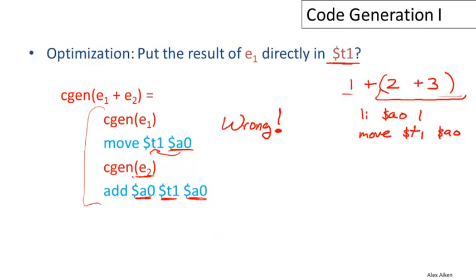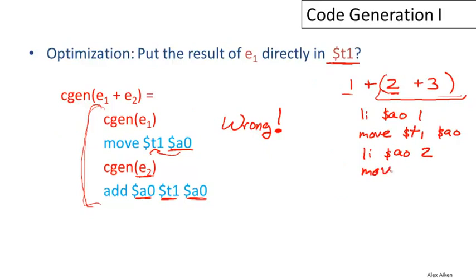And now we're going to generate code for E2. And what's E2? Well, E2 is itself a plus expression, so we're going to recursively call the code generator to generate code for 2 plus 3. So we generate code for the new first expression. So that will be a load immediate into A0 of the value 2.